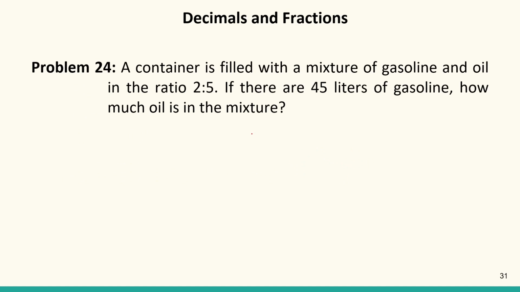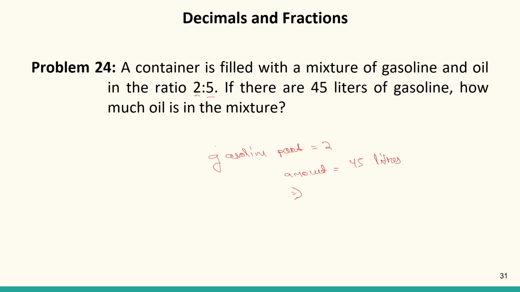So a container is filled with a mixture of gasoline and oil. Here the part of gasoline is 2 and oil is 5. So if there are 45 liters of gasoline, how much oil is in this mixture? Okay, so see, in part, gasoline part is equal to 2, and amount is equal to 45 liters.